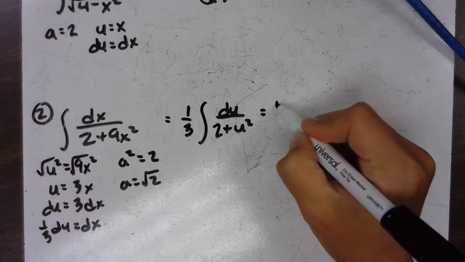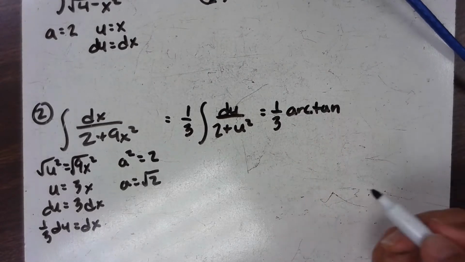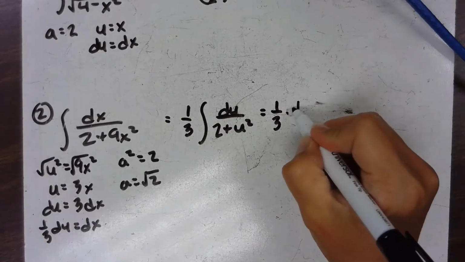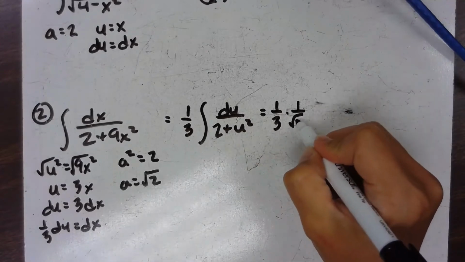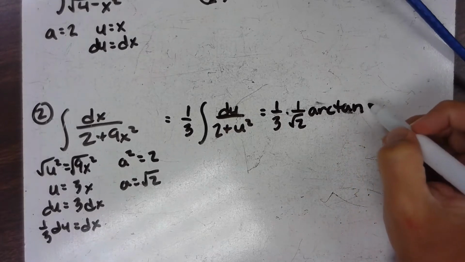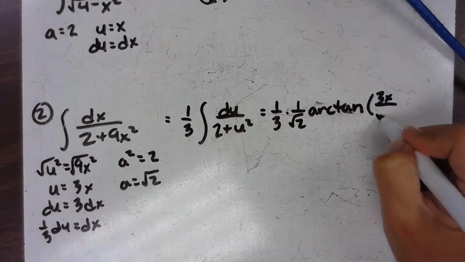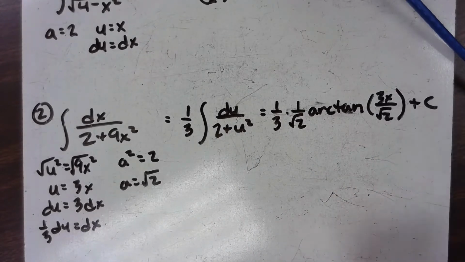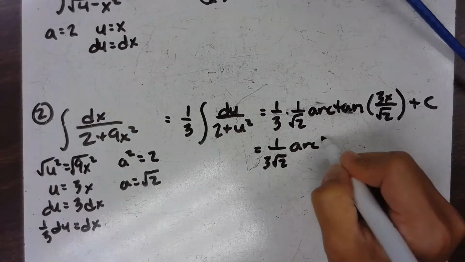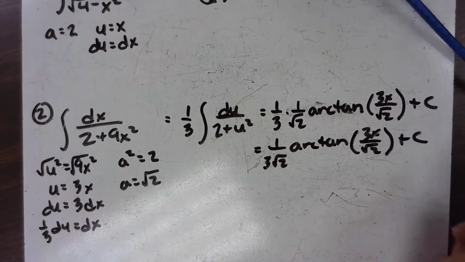Now 1/3 arctan. One of the things I forgot is that with arctan, it's 1 over a. a is the square root of 2. Arctan of u over a, and remember u is 3x over the square root of 2. If I want to clean this up, it's 1 over 3 square root of 2 arctan of 3x over the square root of 2 plus c.